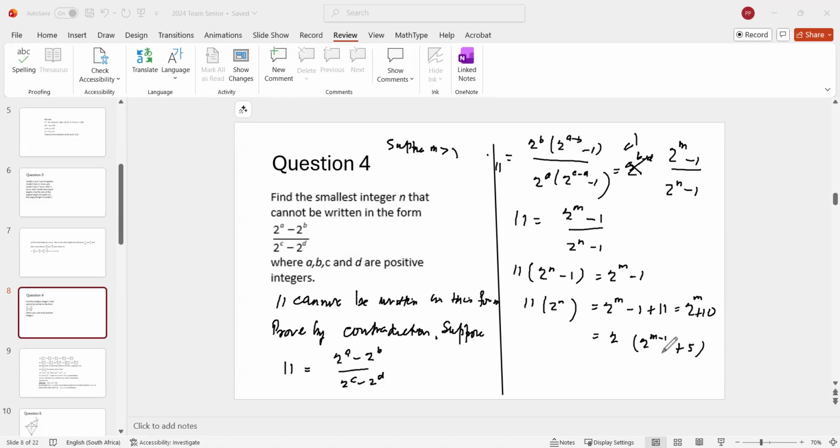Now, if M is greater than 1, this is even. And this is odd. So you've got an even plus an odd here. This is odd. So you've got 2 times an odd number, so this becomes even.